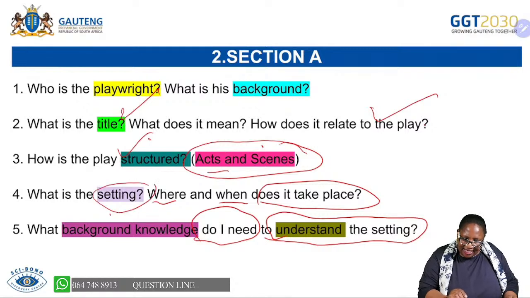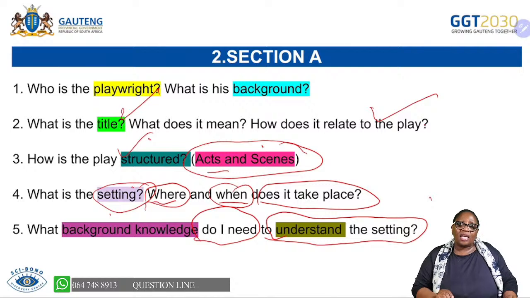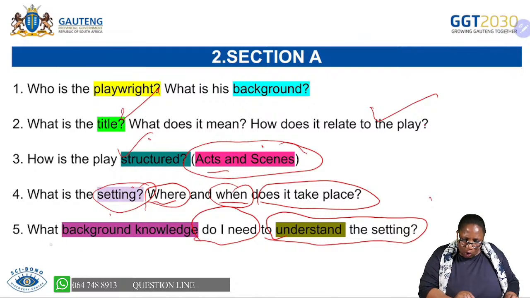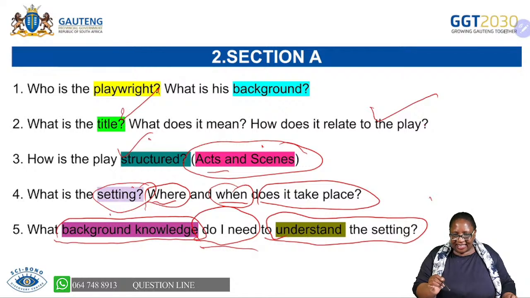What is the setting of the play? Where and when does it take place? I also want you to write down the background knowledge that you need to understand the setting. Let's count down 3 minutes. That's all that I give you.